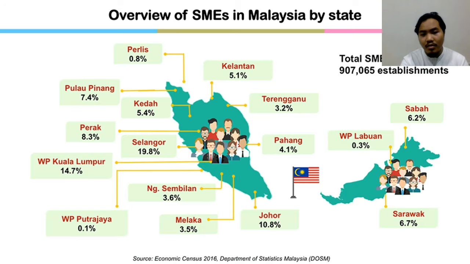Here, Selangor has recorded the highest percentage of SMEs in their city, and we also can see that Wilayah Persekutuan Putrajaya shows the least percentage of SMEs located in their place.